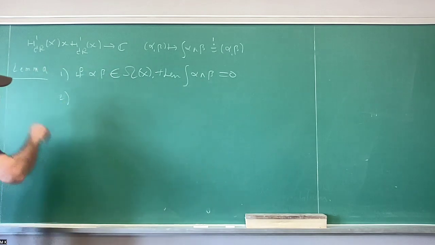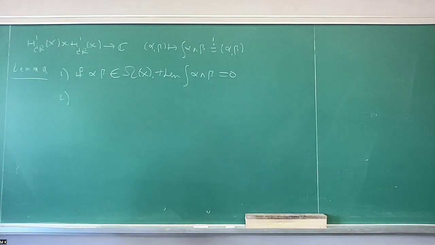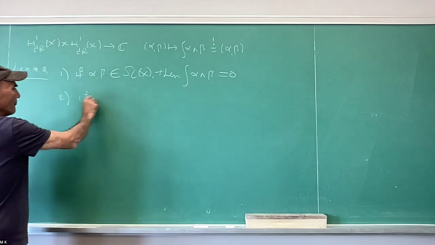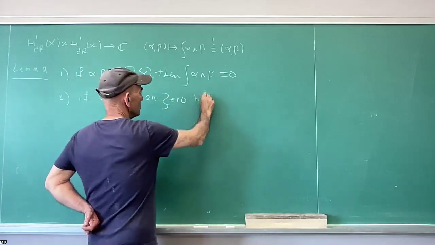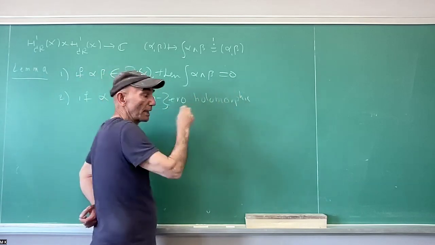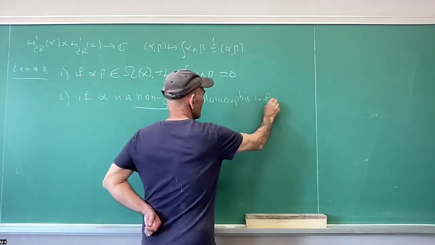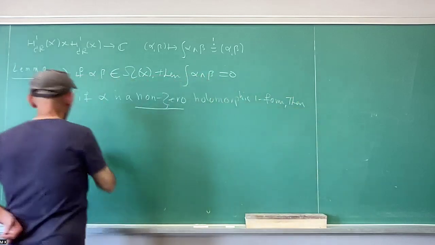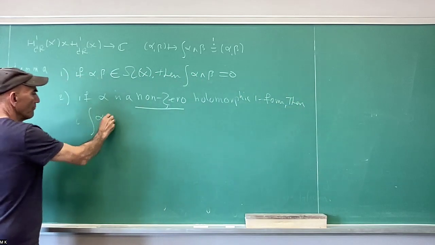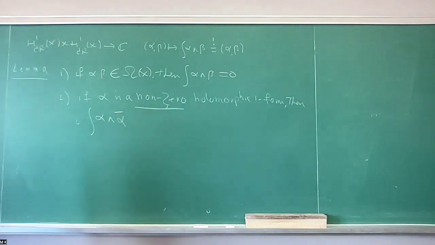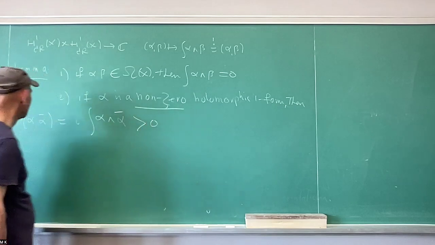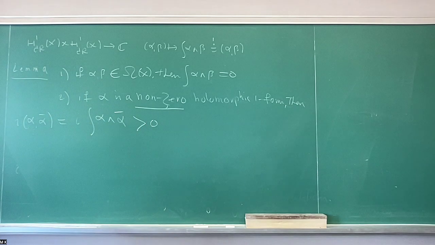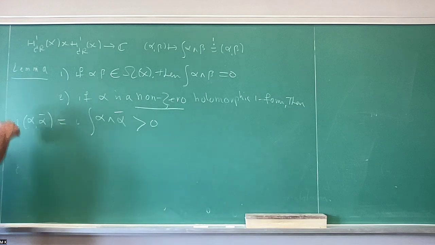And the second one is that, I need a condition: if alpha is a non-zero holomorphic one form, non-zero, that's my condition, then the integral of alpha wedge alpha bar, which is the inner product, is strictly positive. So we need these two properties.